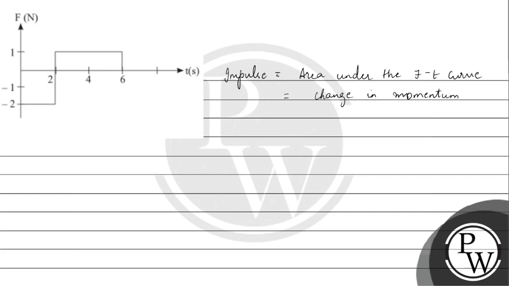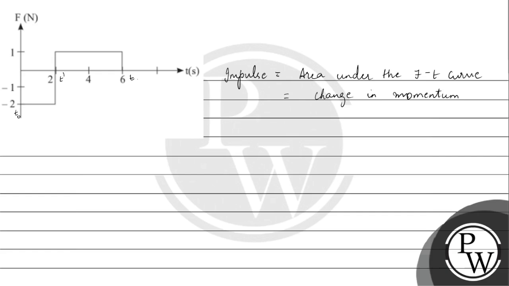So let us say this is time t naught and let us say this is time t, and यहाँ पे, since the curve is intersecting the x-axis at this 2 seconds, हम इसको t prime denote करेंगे.